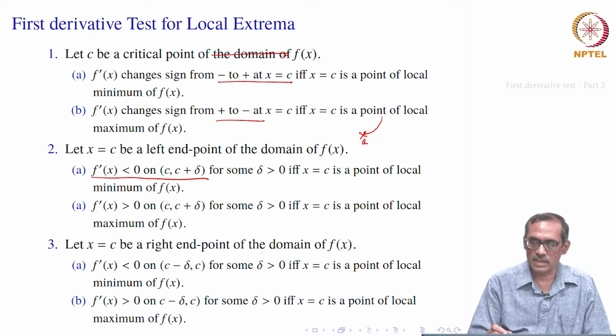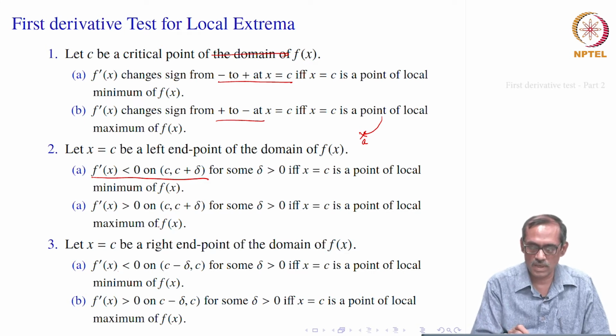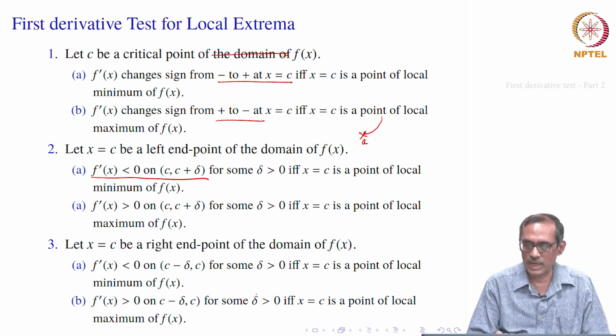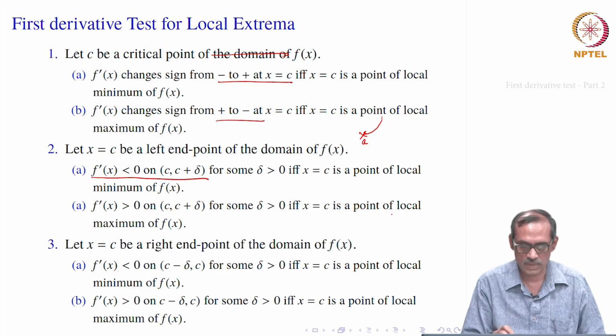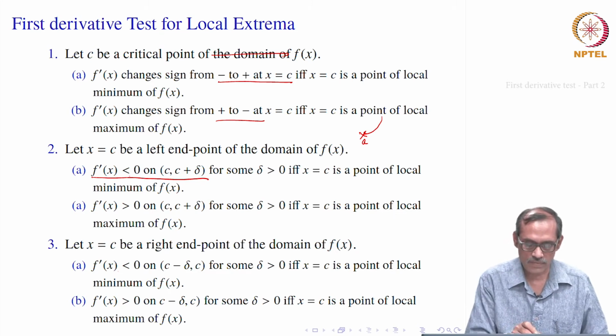Now, if it is bigger than 0, that means it is increasing. So f prime x is bigger than 0 on c to c plus delta, and c is a left end point. So what happens? It is bigger than 0, so f is increasing. There is some problem here. You have f prime x less than 0 on c to c plus delta.